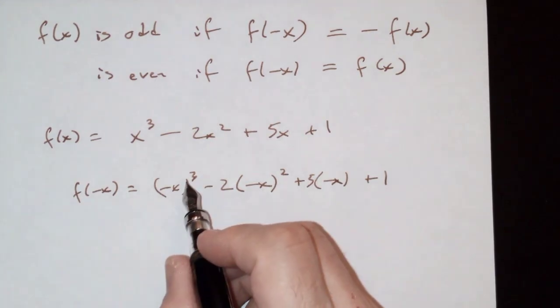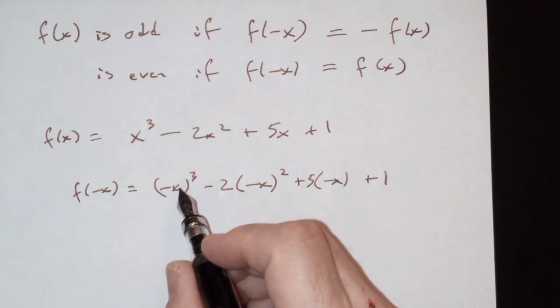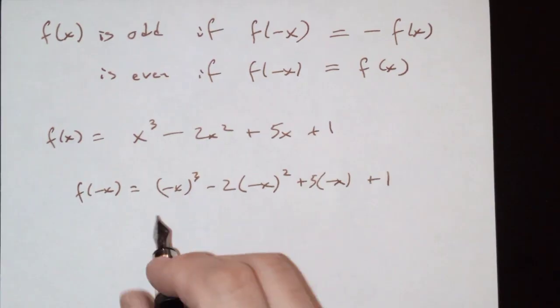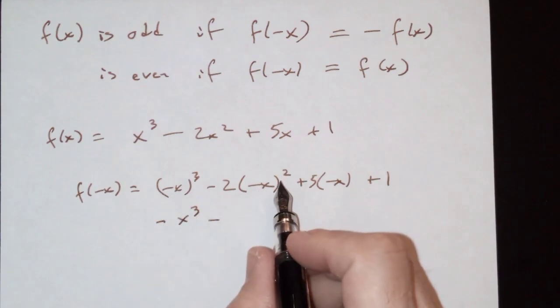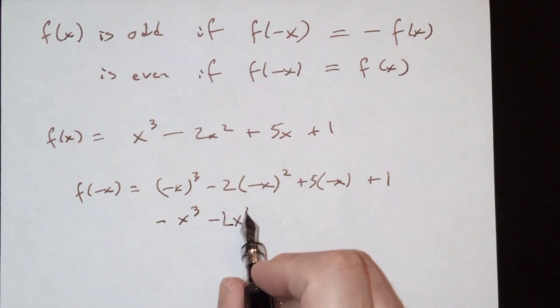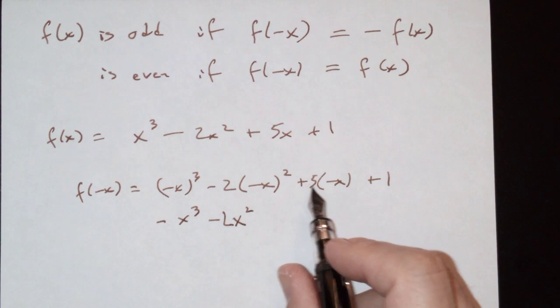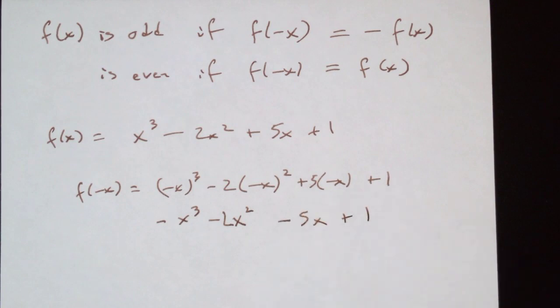Take a negative, raise it to a third power, what happens? Negative times negative times negative. The result is negative. Take a negative, square it. Five times minus x is the same as minus 5x plus 1.